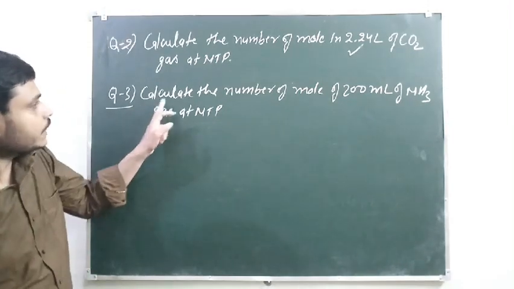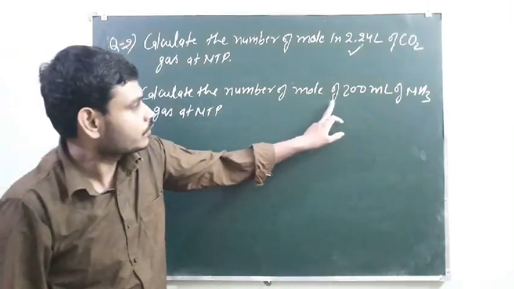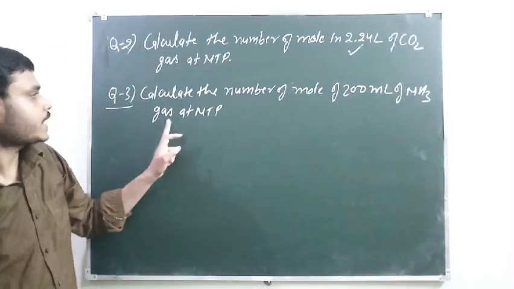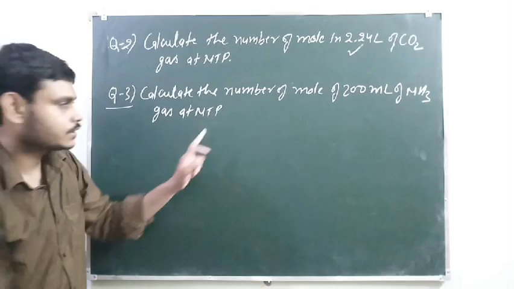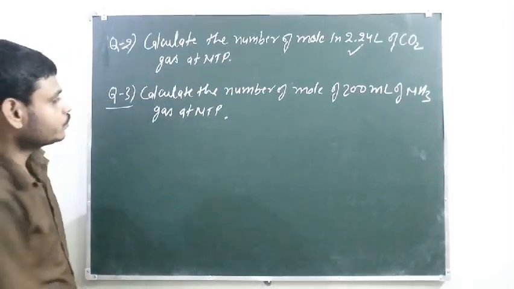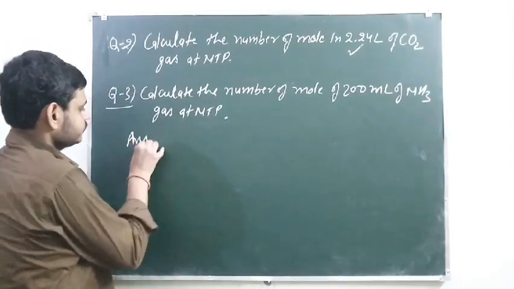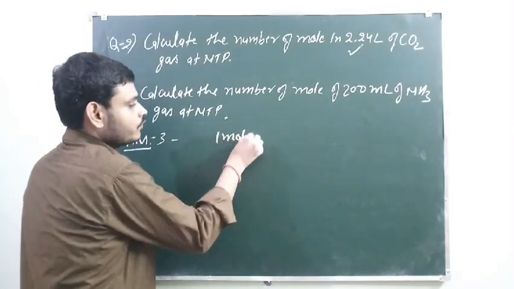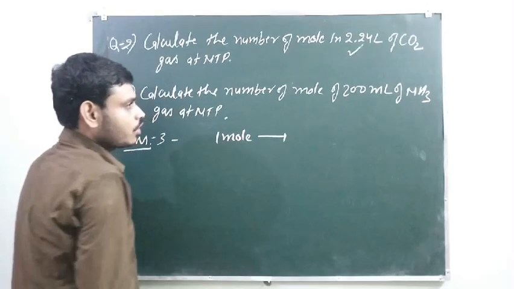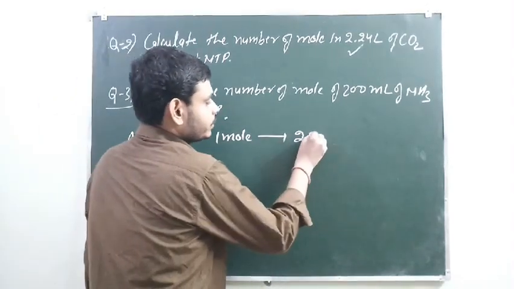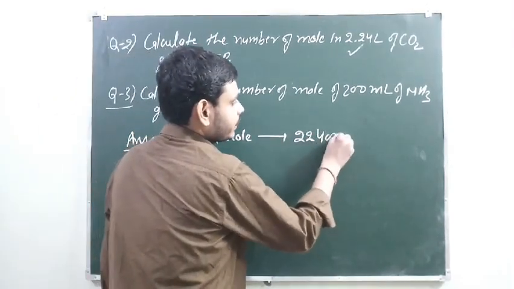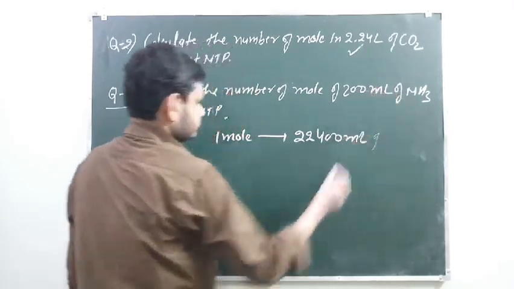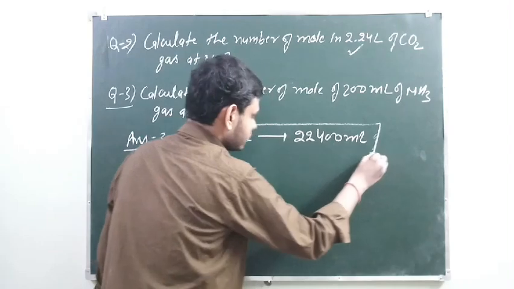Question third: calculate the number of moles of 200 ml of NH3 gas at NTP. Answer third: we know that 1 mole of any substance occupies 22,400 ml volume.